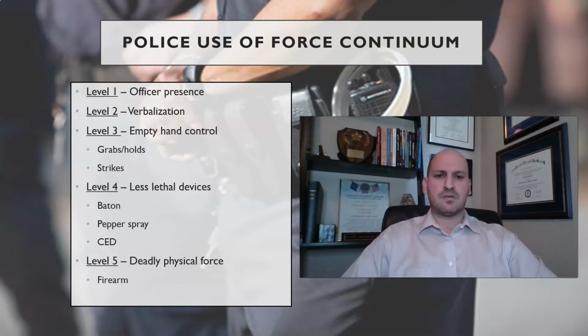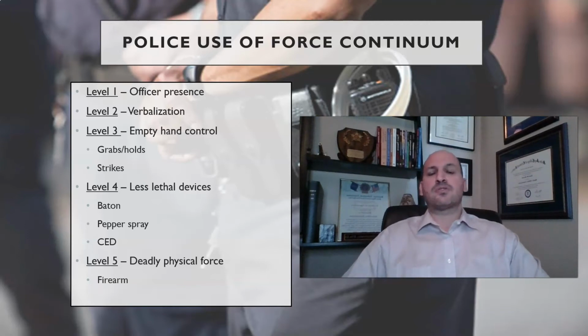What you see in front of you is the Department of Justice, National Institute of Justice police use of force continuum, the most widely accepted in the United States. Remember, there are 18,000 law enforcement agencies in the United States, and their continuums can vary from place to place, but they all follow this similar framework.